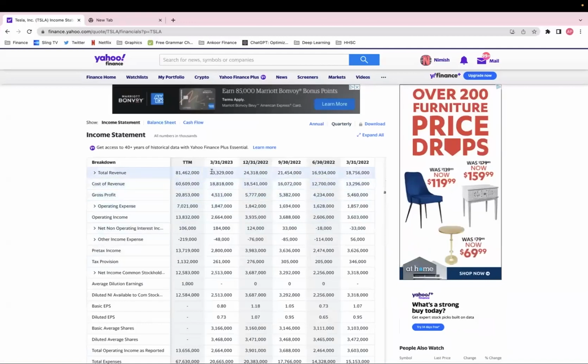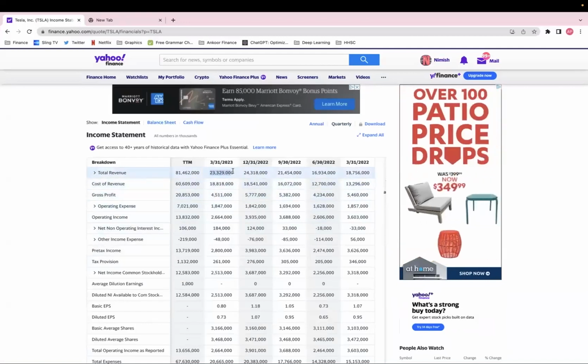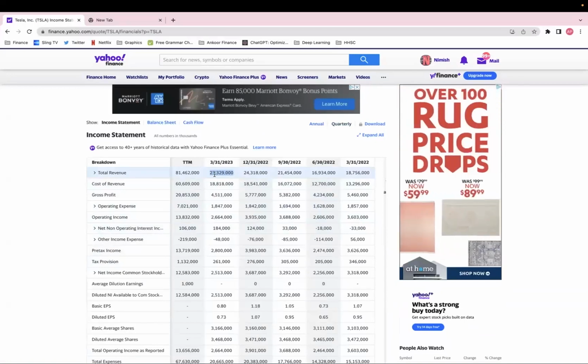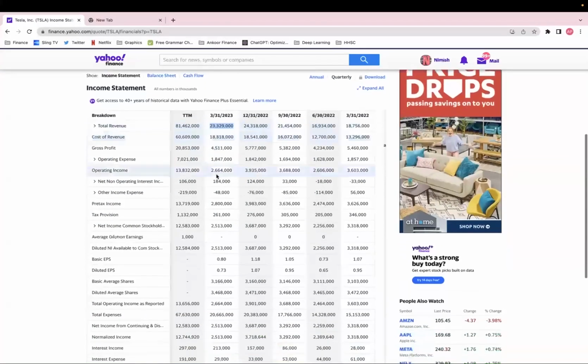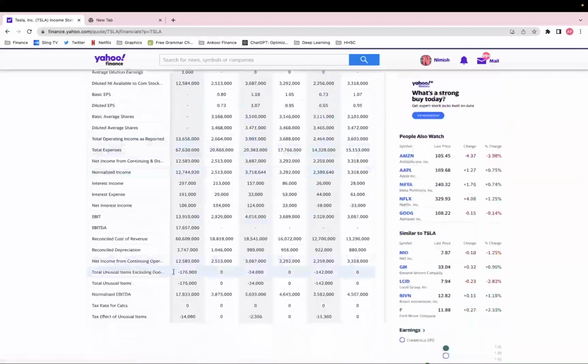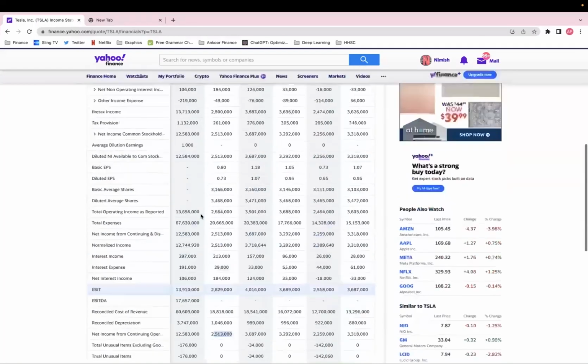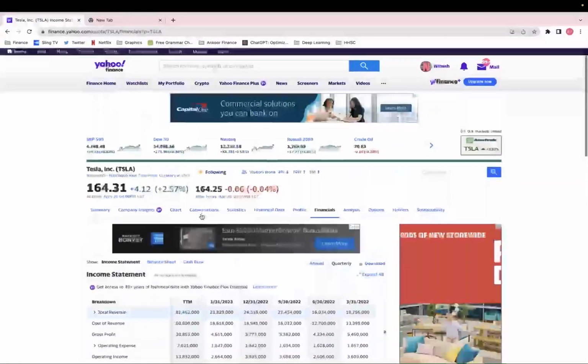In that first quarter, they made $23 million, or 23 billion, maybe, I don't know, of sales. And the total income, or net income from continuing operations, is this much. From this, they calculate the profit margin, right?